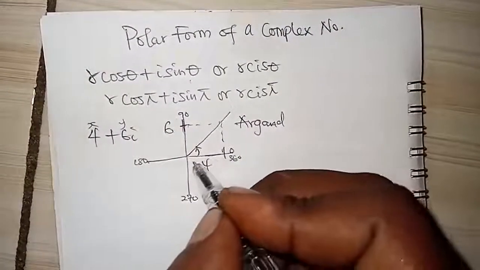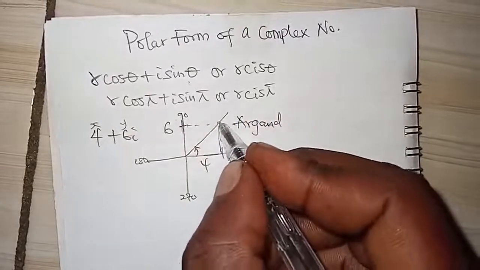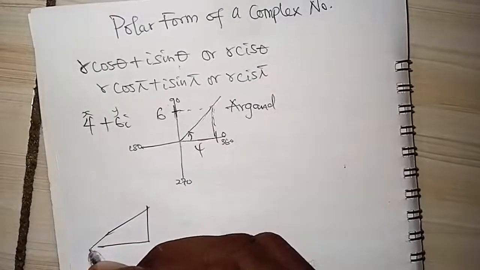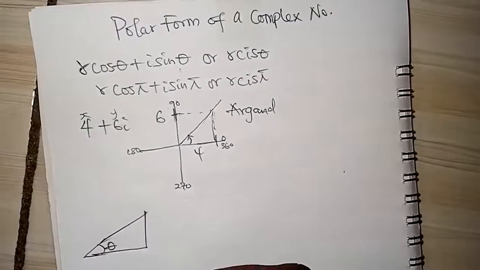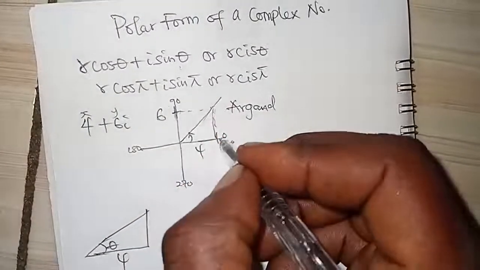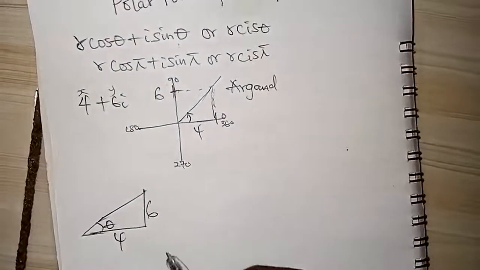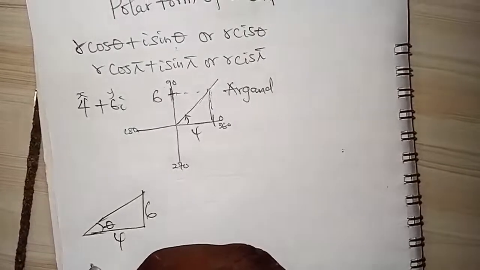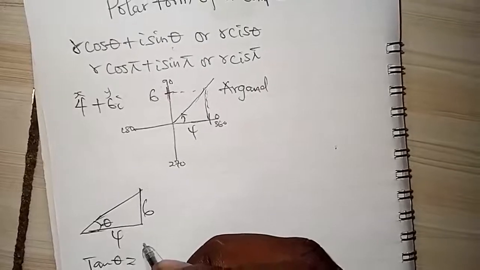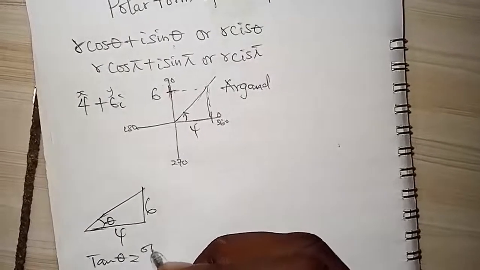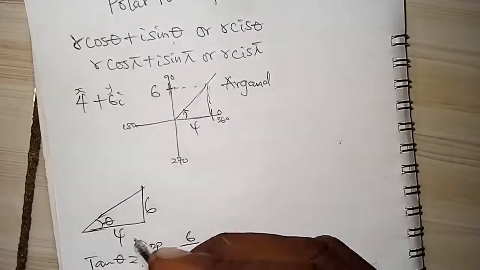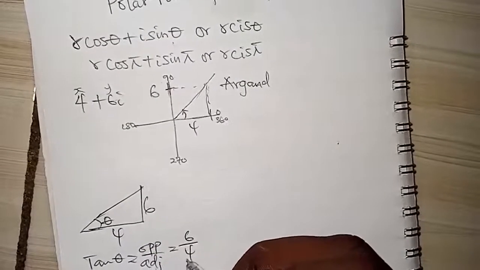Now we can bring out just these parts, and it will look like this. This is theta. From here to here is 4, and from here to here is 6. So tan theta is equal to opposite over adjacent. Our opposite is 6 over our adjacent 4.